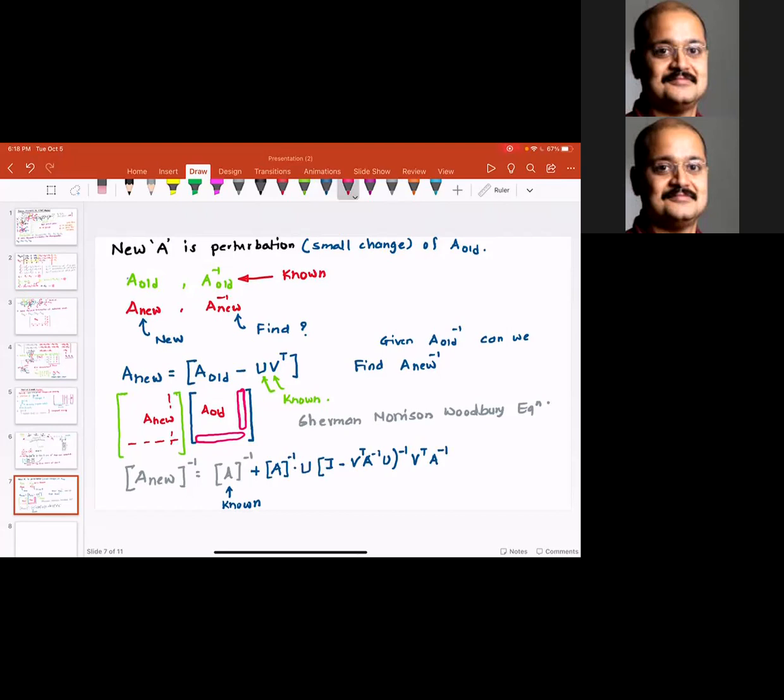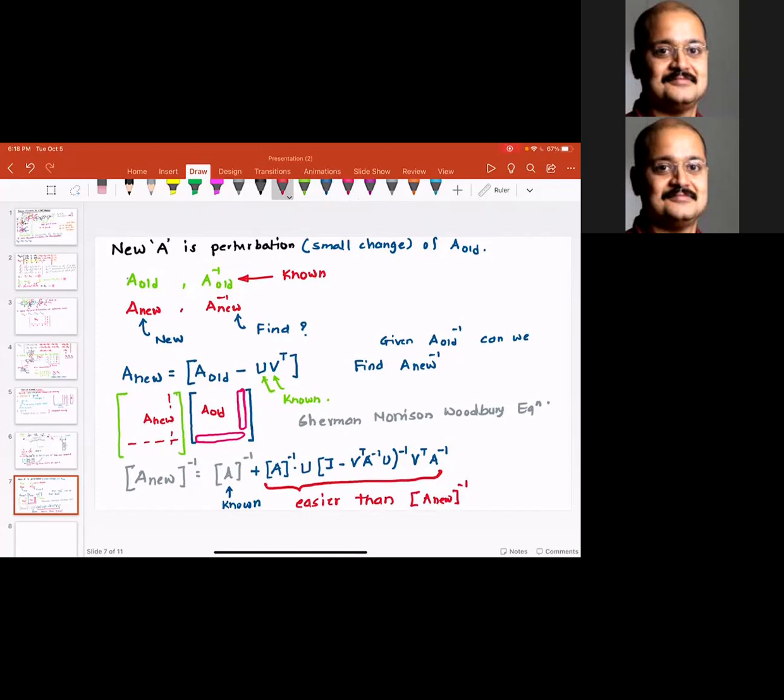Now, some of you may say, oh, this formula looks more complicated than the simple inversion. But please try to understand, and I want you to think in terms of scale. The matrix multiplication on the right hand side is much easier than inverting A new.